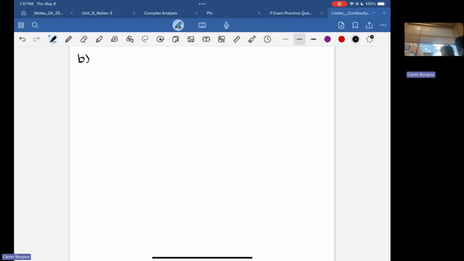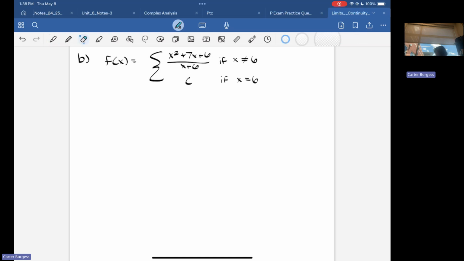So this is f of x equal to a piecewise function: x squared plus 7x plus 6 over x plus 6 if x is not equal to negative 6, and c if x is equal to negative 6.